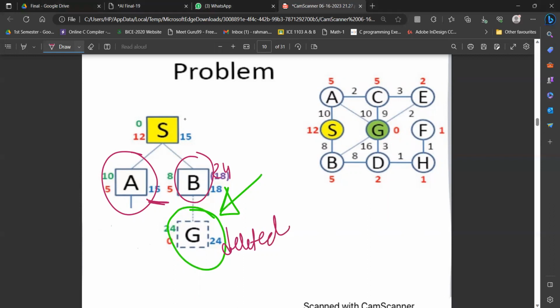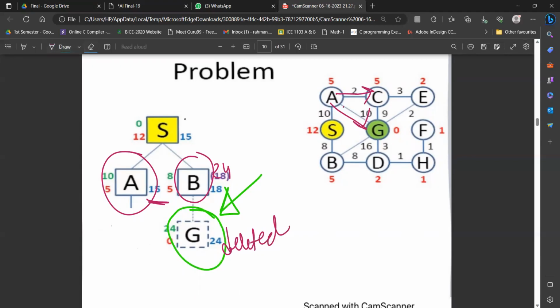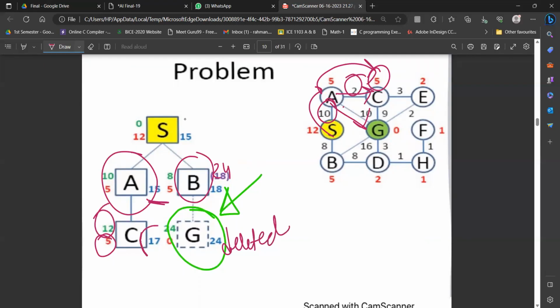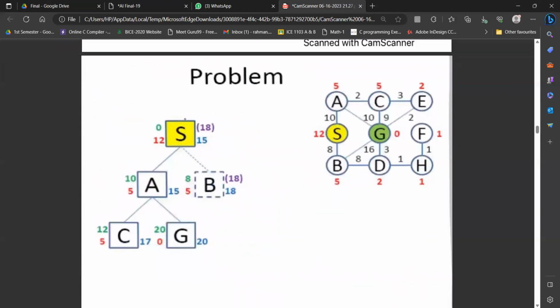So we explore the children of A, which is C and G. Since C comes first alphabetically, we will go on and explore C. So that's what it was here, right? C has been explored. The heuristic value of C is 5, and the path from S to A to C is 10 plus 2, 12. The 12 has been written here. 12 plus 5 is 17. Okay, so this is how it looks now.